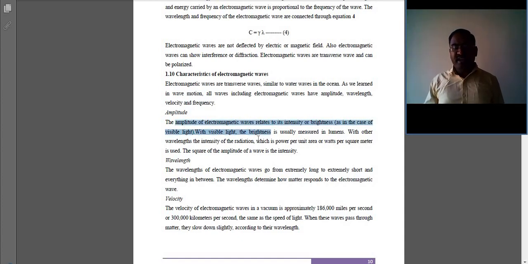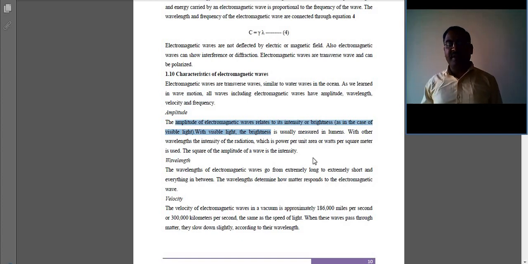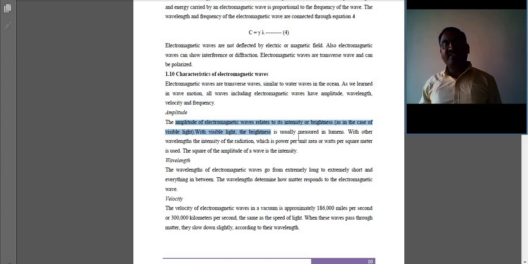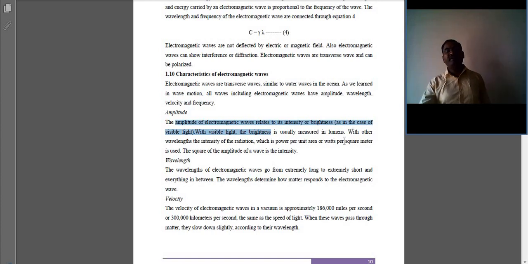Amplitude in electromagnetic waves relates to the intensity or brightness. With visible light, the brightness is usually measured in luminous intensity.